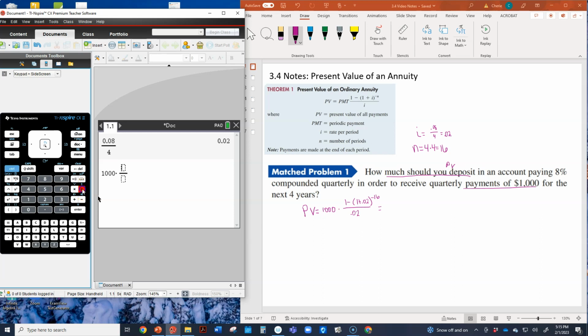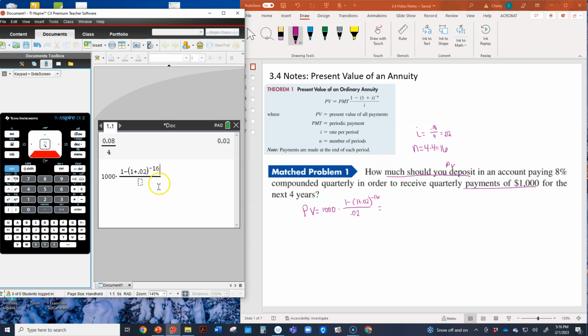Times the fraction bar. 1 minus 1 plus 0.02. I forgot to put my parentheses in. No problem, just go back and stick the parentheses in. Raise that to the negative 16th power.